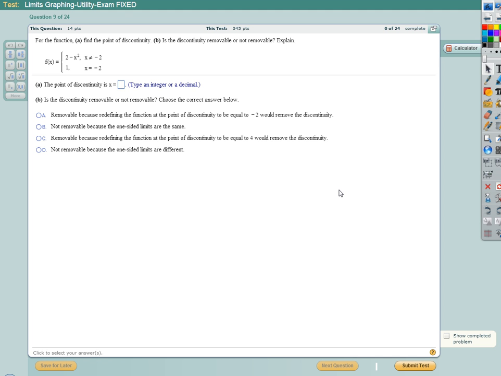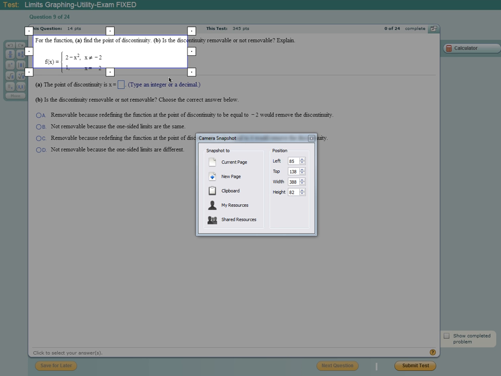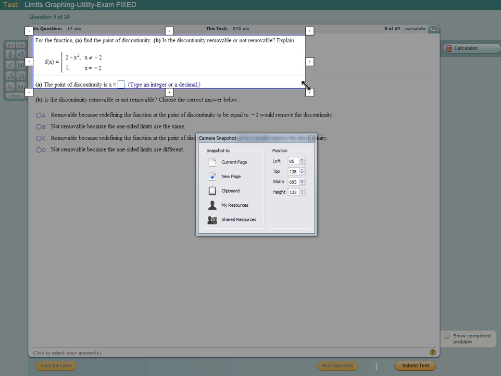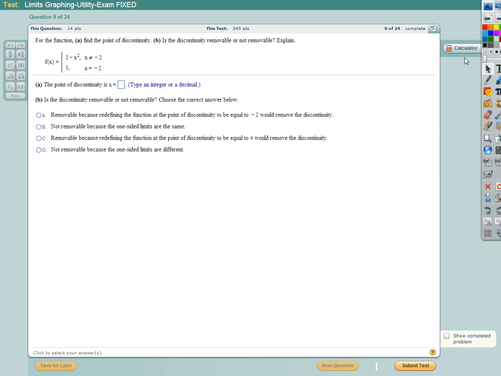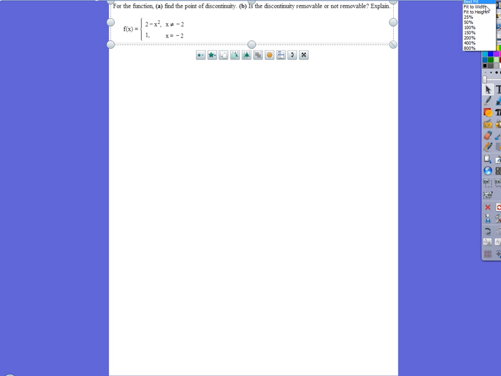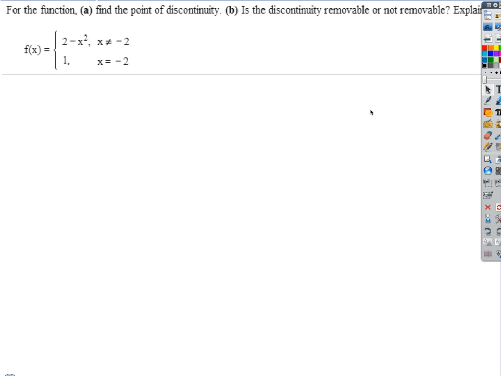Okay, now how would we do this one? We won't do it, but it's the same problem essentially. How would we do this? For this function, should I make that a little bigger? Okay, how's that?